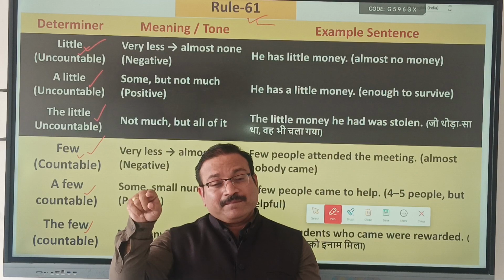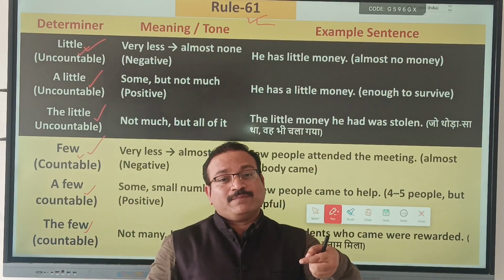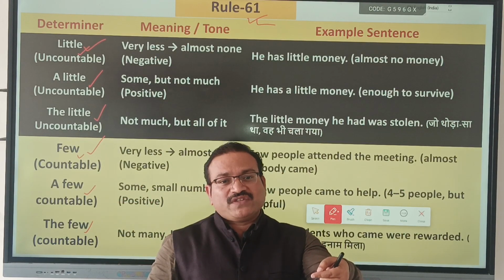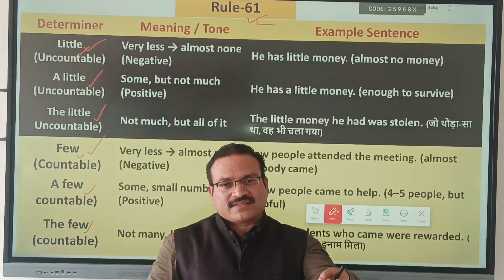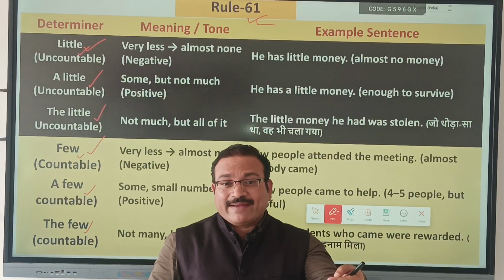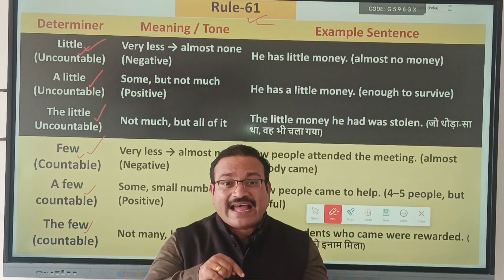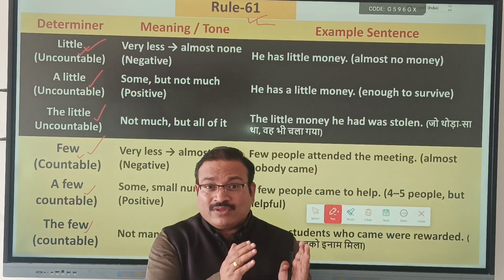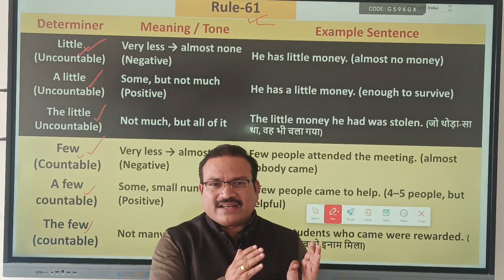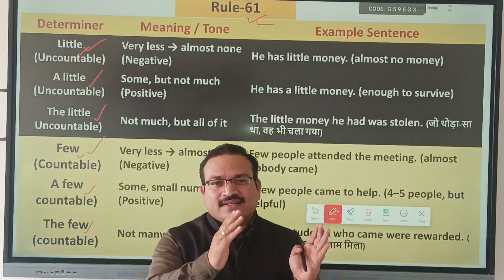But same, out of 50, when suppose 35 students came to the class, 30 students came to the class, then what I'll say, a few students have come to the class. Why? Because now the number is considerable. काम चलाऊ है, class किया जा सकता है.